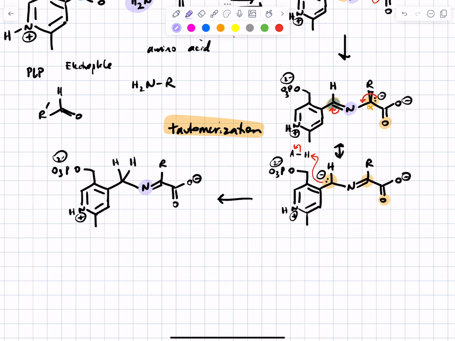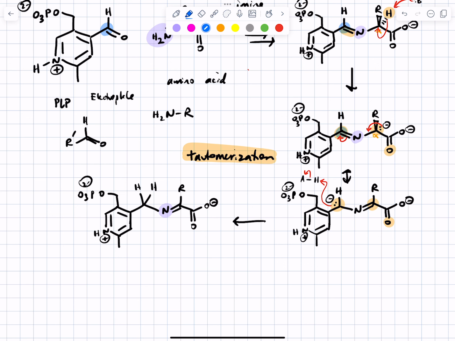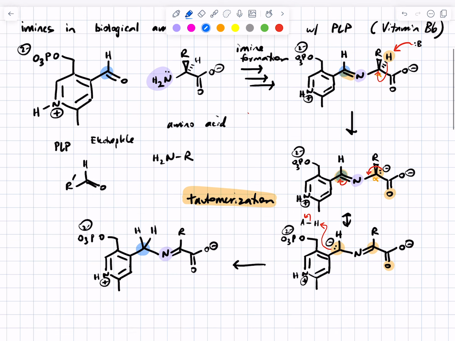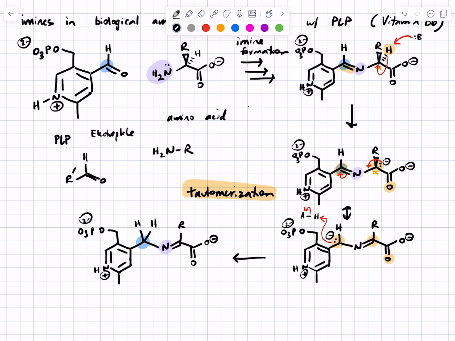Here was the nitrogen that originally we used as our nucleophile, and here is the carbon that was originally our carbonyl carbon. Notice that this intermediate here is a tautomerized version of this intermediate here. Notice how they differ in the location of a carbon-hydrogen bond and in the location of a pi bond.